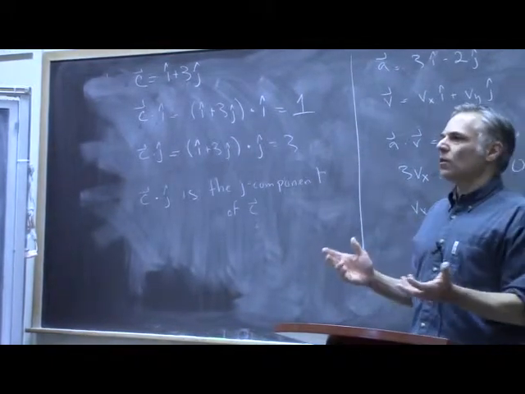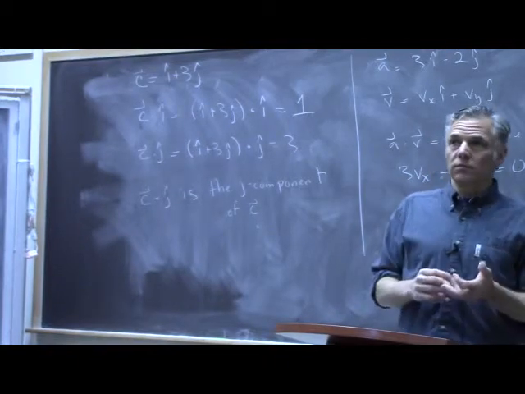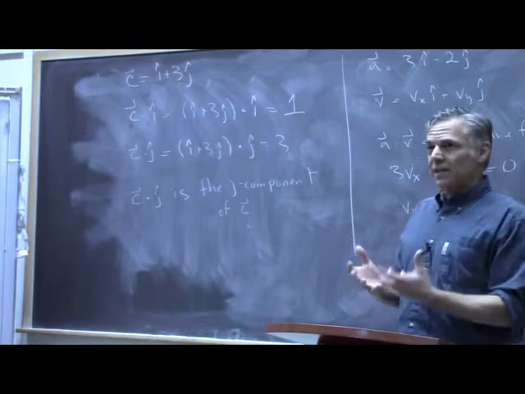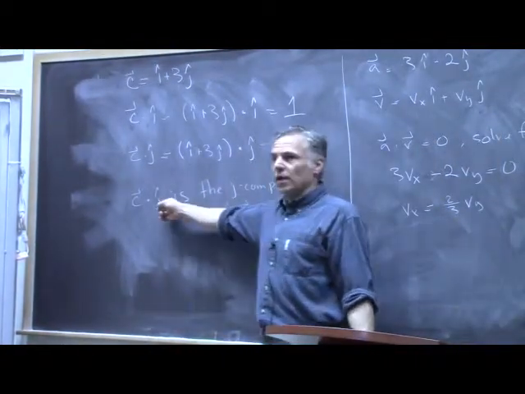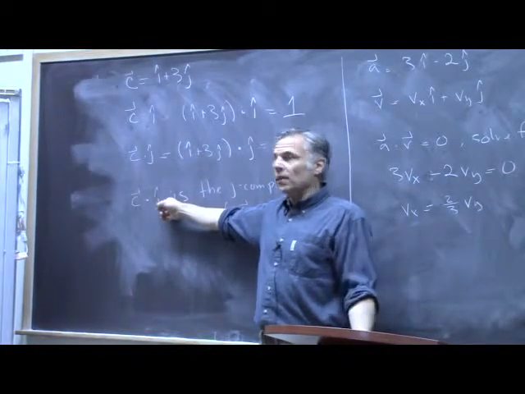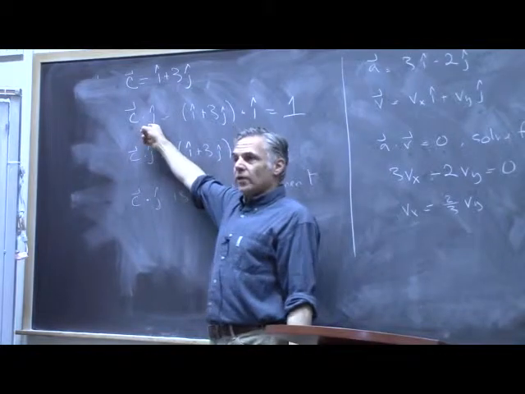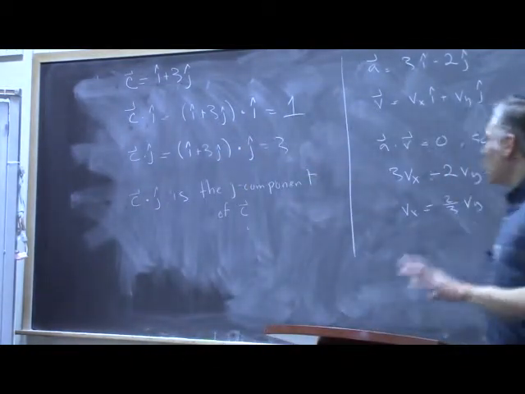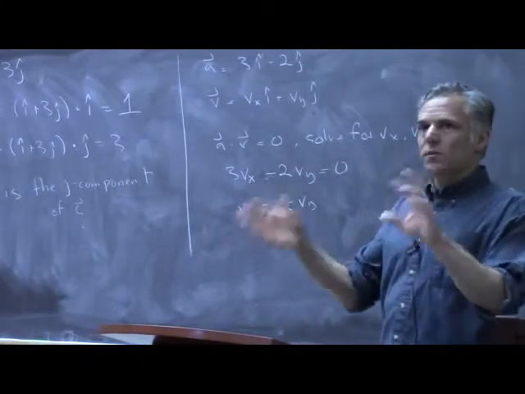If somebody hands you a vector and you don't care about the entire vector, you just want to know about the j part, how would you extract that algebraically? Well, you would just dot it into j. If you care about the i part, you just dot it into i, and you have the i part.